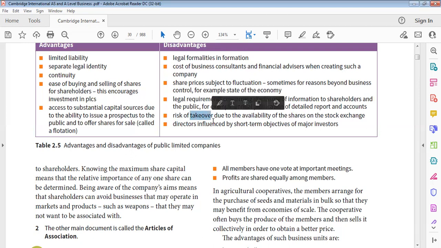Remember the Facebook example I was giving you. Previously I owned 25%, but if I now buy 26% more from Zuckerberg, then Zuckerberg is no more the CEO. I am the CEO because I am the owner. Because 25 plus 26 makes my total share 51%.